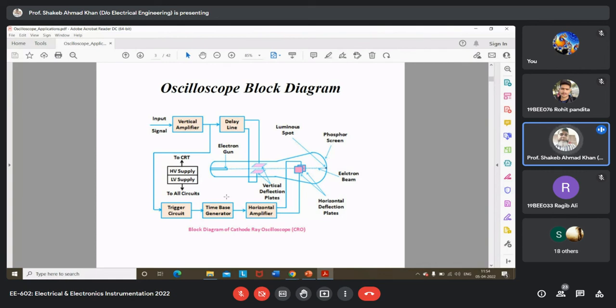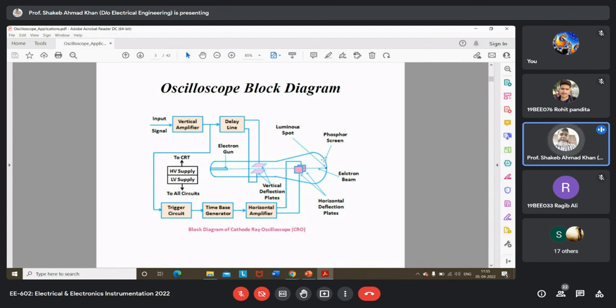So with these two pairs of electrostatic plates, with the application of suitable voltage across them, we can deflect the electron beam horizontally as well as vertically, and this deflection will cause a trace on the screen. By interpreting that trace, we can find out a lot of information.